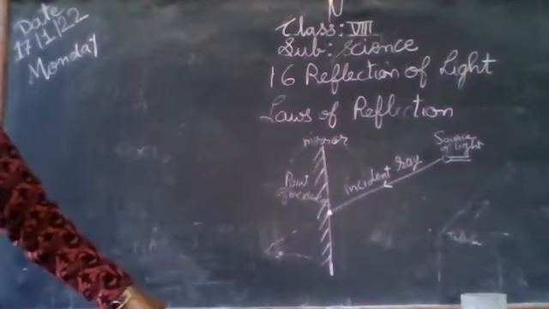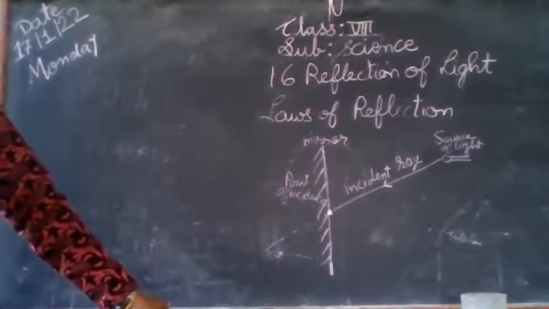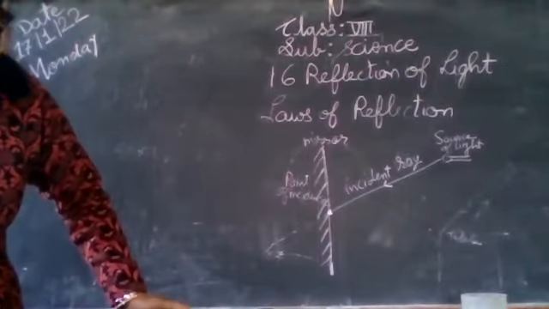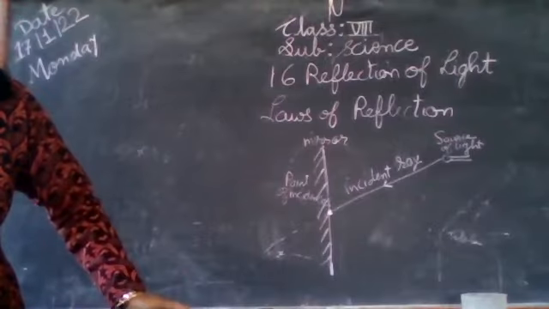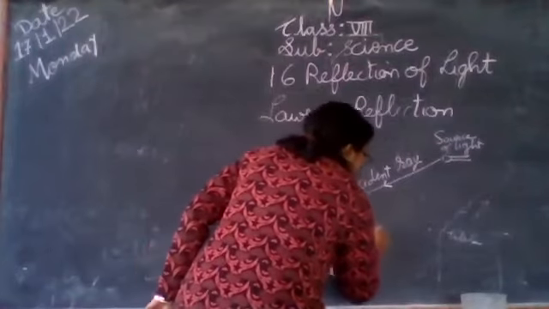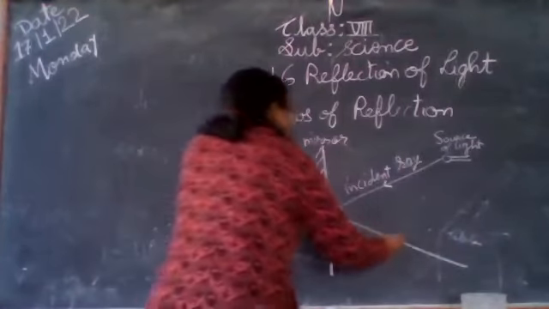Okay, very important terms when you are studying the light chapter. We should know what an incident ray is, and what the point of incidence is. The ray going away from the surface after reflection is called the reflected ray.